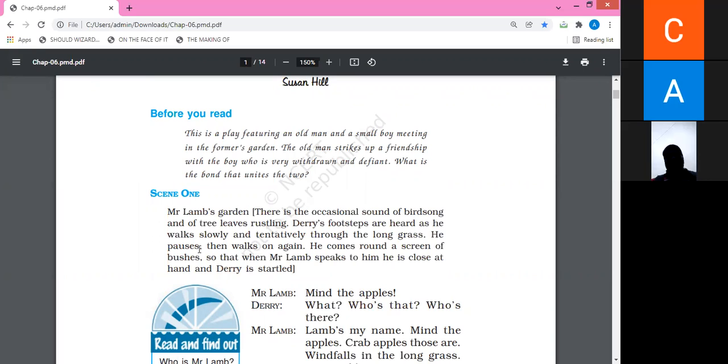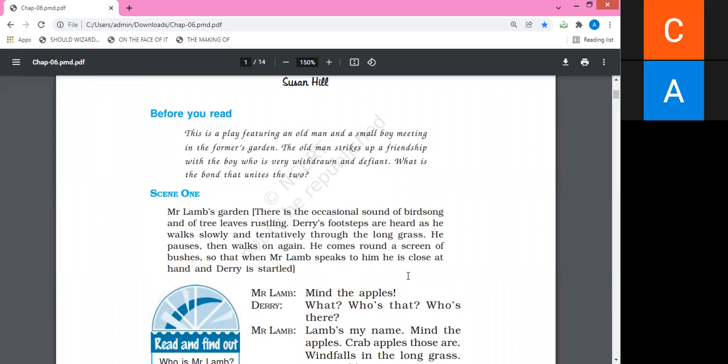I think very clear, he was moving in a very different way. Then he walks again, and accidentally he was able to hear the noise of Mr. Lamb, as he is close at hand.